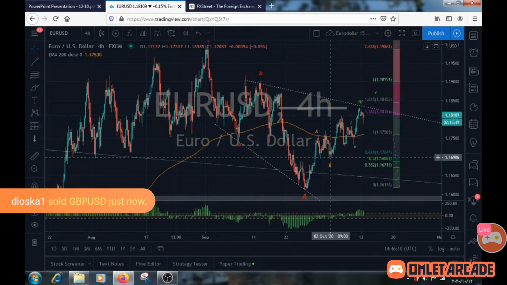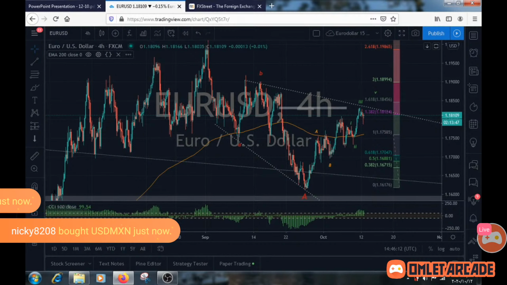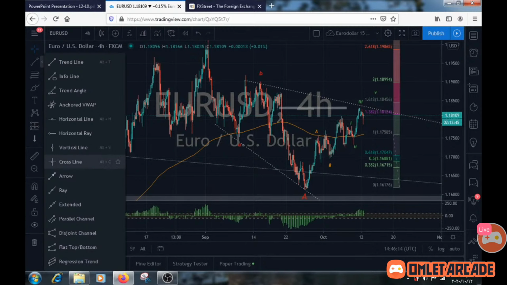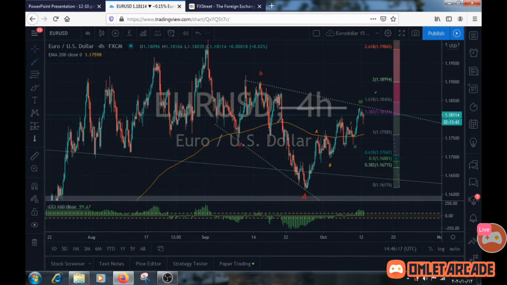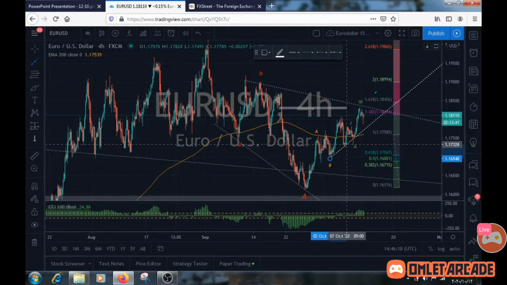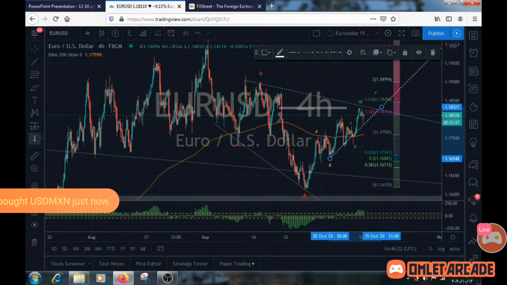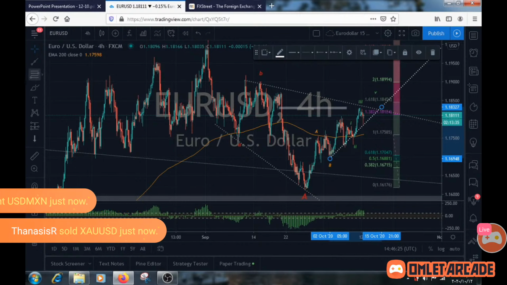Essentially, of course, we're looking for a breakout of that ending diagonal, which will take time, so you don't need to get stuck into that.